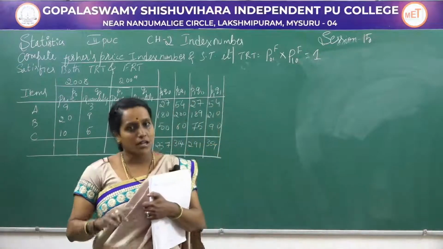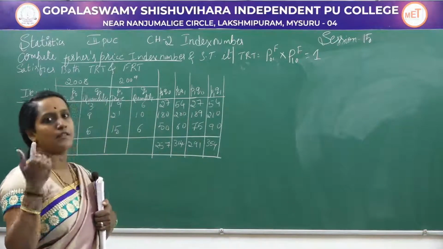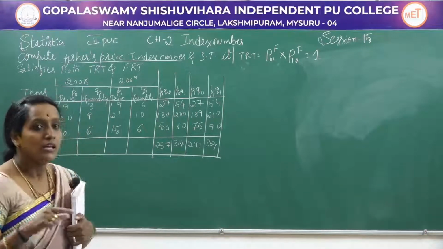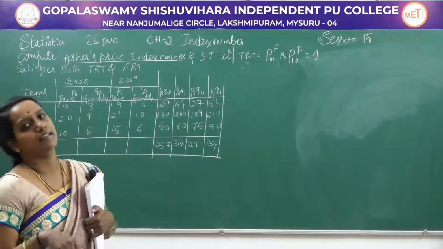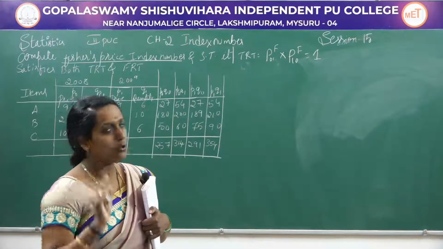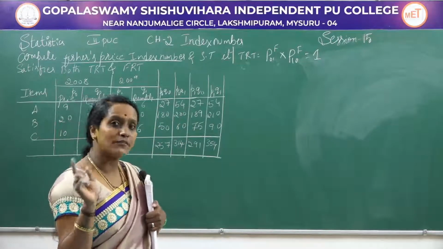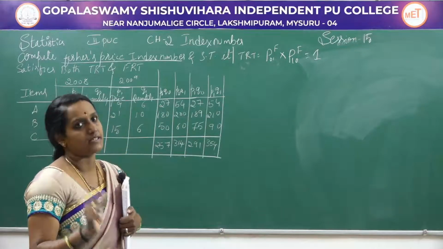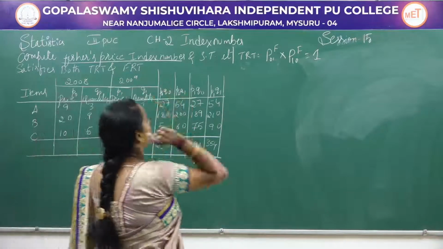That is, P01 is calculated based on the base year; if you reverse the time, P10 is calculated based on the current year. We use only Fisher's, not any other method. The product should be equal to 1. This is the condition of TRT.